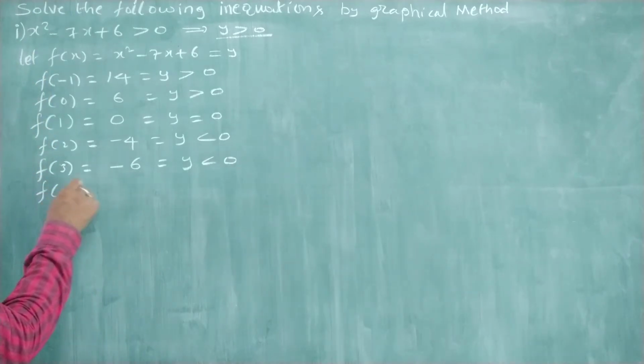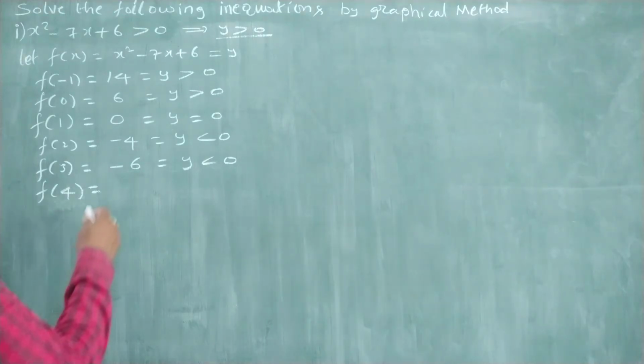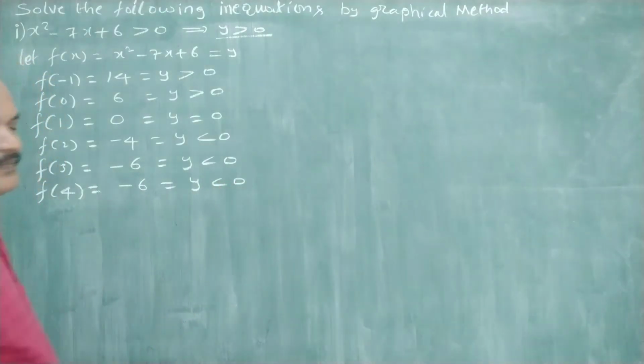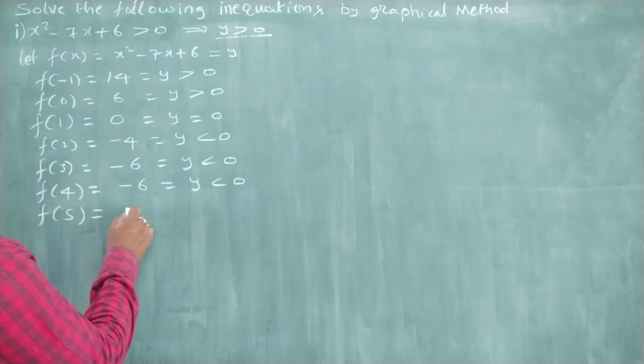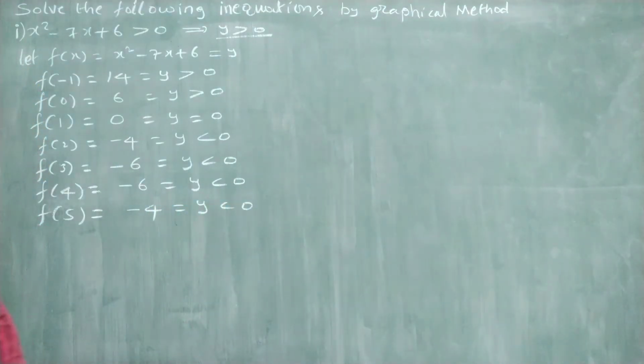Now f of 4 is 16 minus 28 plus 6, that is also minus 6, y less than 0. Now f of 5 is 25 minus 35 plus 6, that is minus 4, which is less than 0.